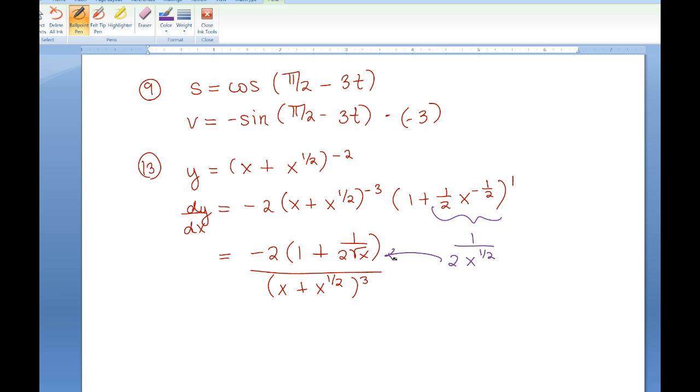Because this is a positive 1 power. Yeah, but you still have a fraction, right? If that's our total derivative, 1 over 2x to the 1/2, and we're multiplying that times 1 plus that, which is being multiplied to this to the -3, we move this down here.